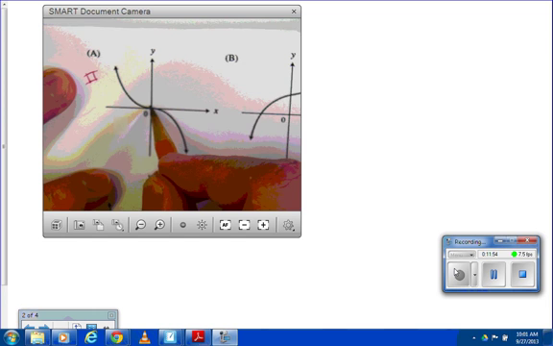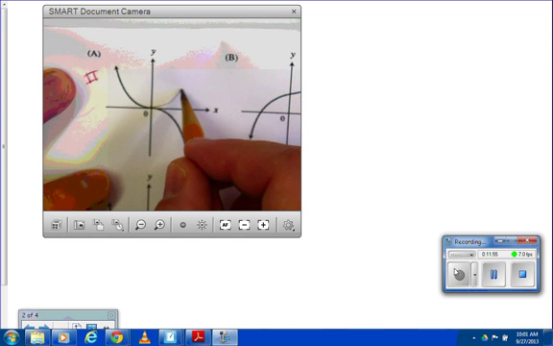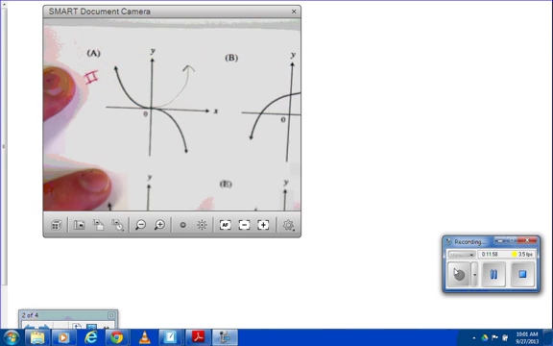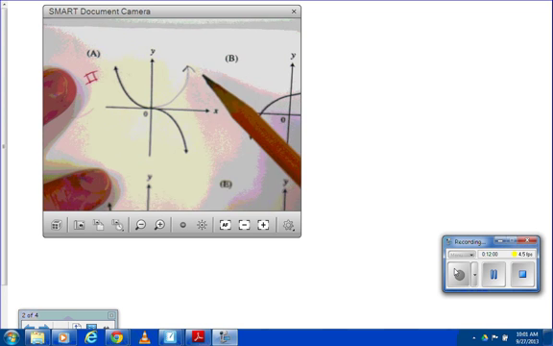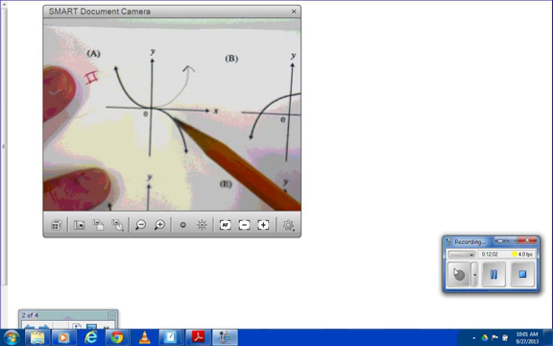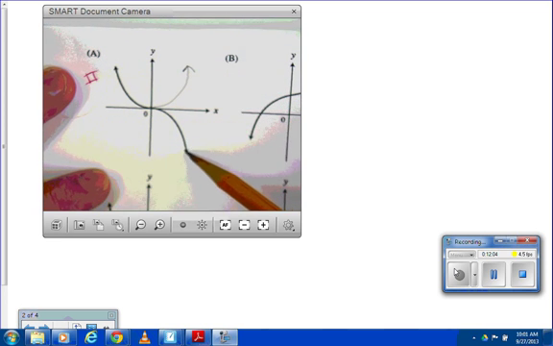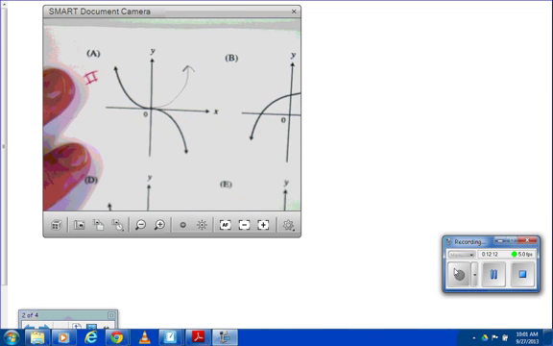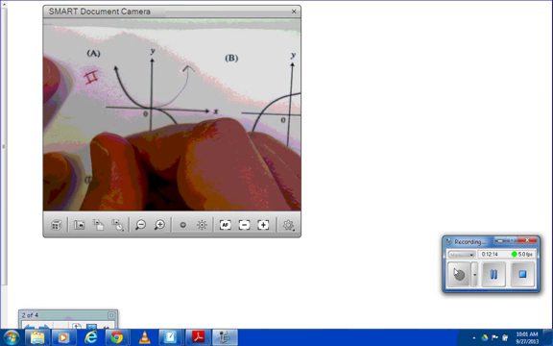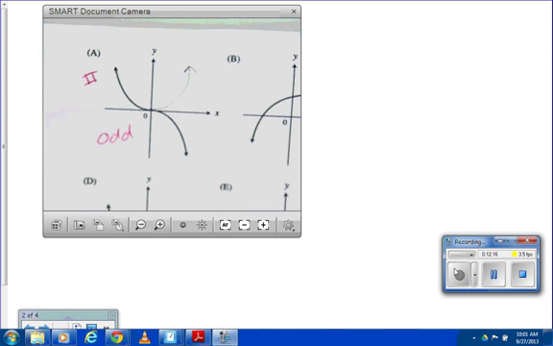So if I reflected it across the y, it would look something like this. And if I reflected it across x, would it land on this right here? Y'all see that? So y'all see how this is symmetric with the origin here? Okay. So since it's symmetric with the origin here, then we would say that this would be an odd function.